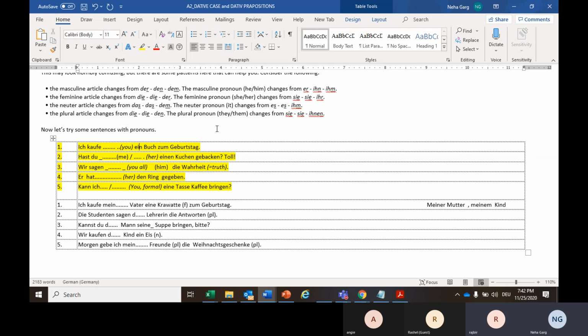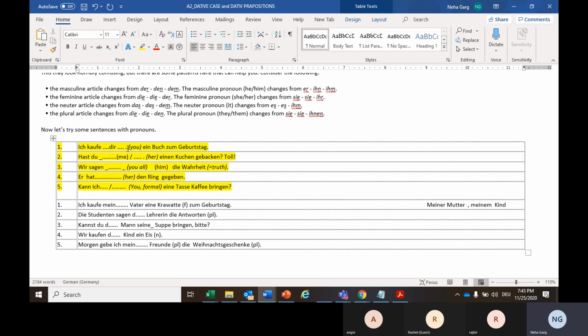Okay. Ich kaufe das ein Buch zum Geburtstag. So here, either you can write it in an informal way or in a formal way. Tell us what should be the correct answer for the blank. Dir. This is dative, Rajveer. I am buying for you a book, dear. Dir.